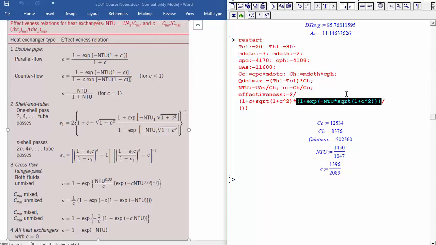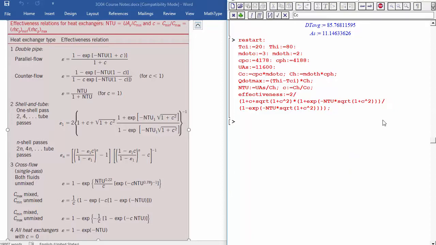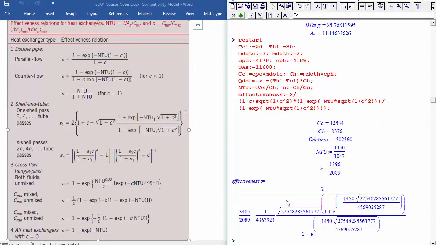And the second thing, let's just check that this is right: 1 plus e to the negative NTU square root 1 plus c squared. Okay. And the second thing in the denominator there is the same thing, but with a negative. And because we're dividing by this whole thing, that accounts for the to the power of -1 and all of that. So that should be working out. Looks like it's all good.